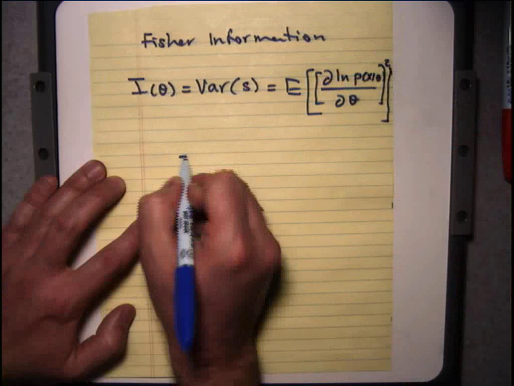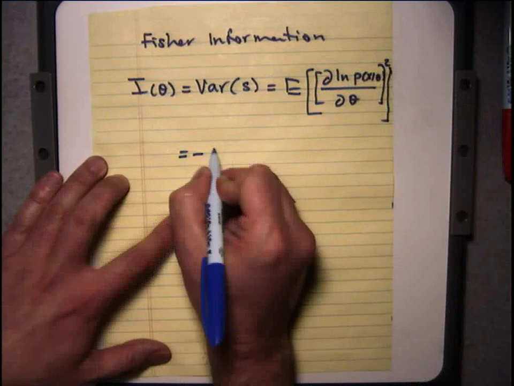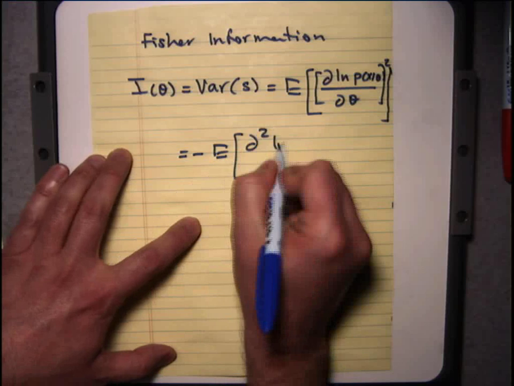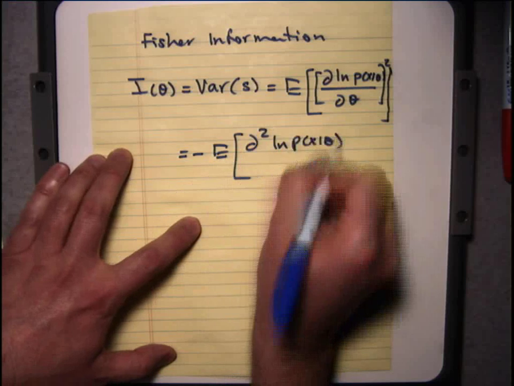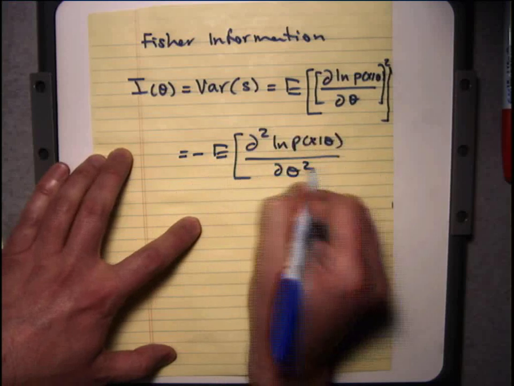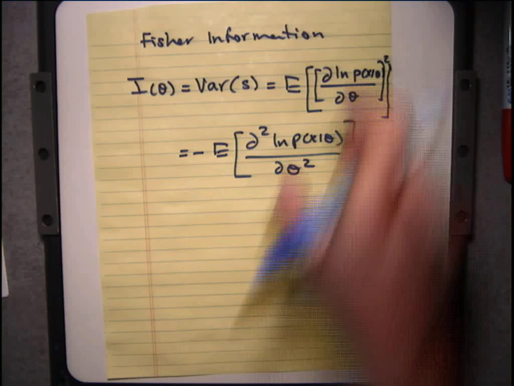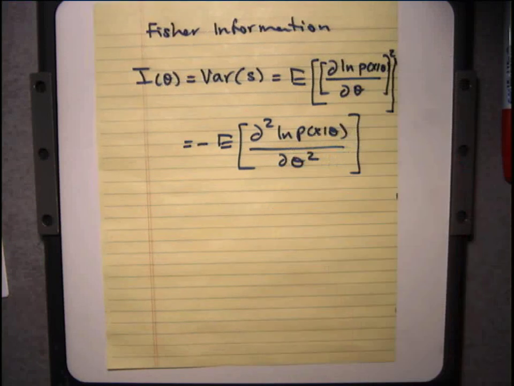But we also defined it as minus the expected value of the second derivative of this function, right? Again, it's not at all obvious that these two things are the same, but they are, and let me show it to you.